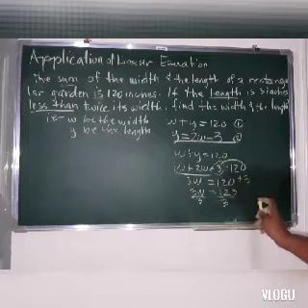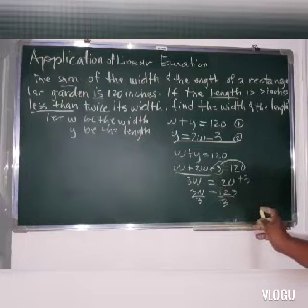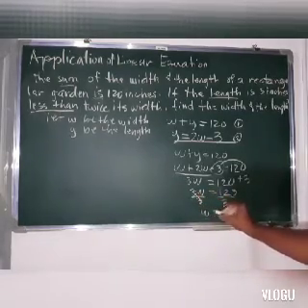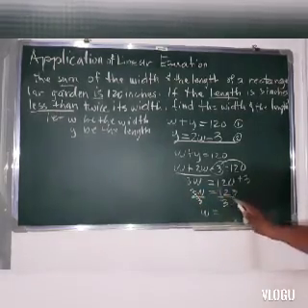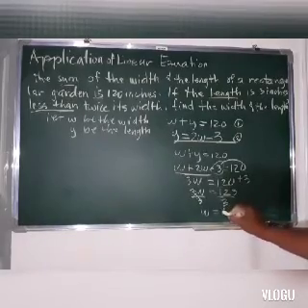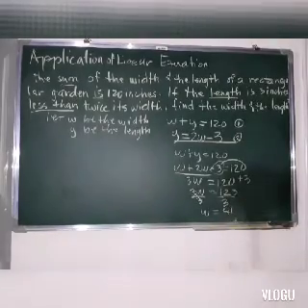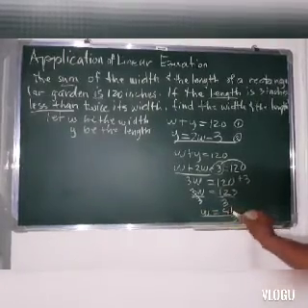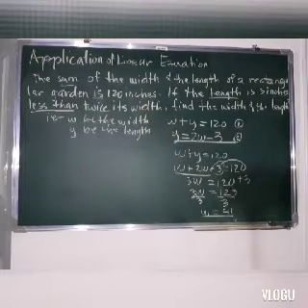Next, so we have W is equal to 3, 6, 9, 12, 4, and then W is equal to 41. So, meaning to say our width is 41.